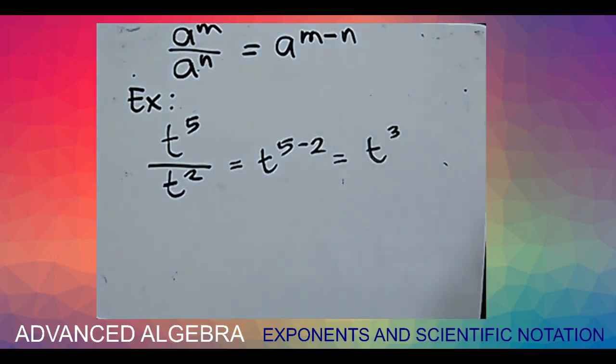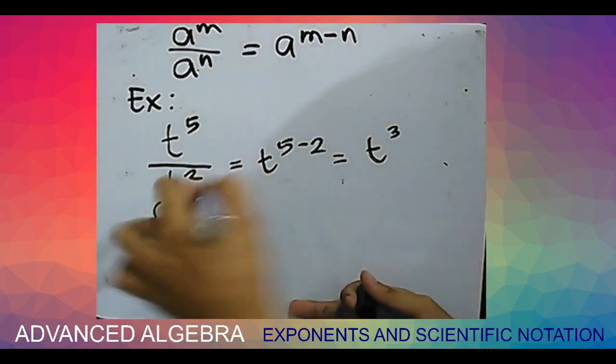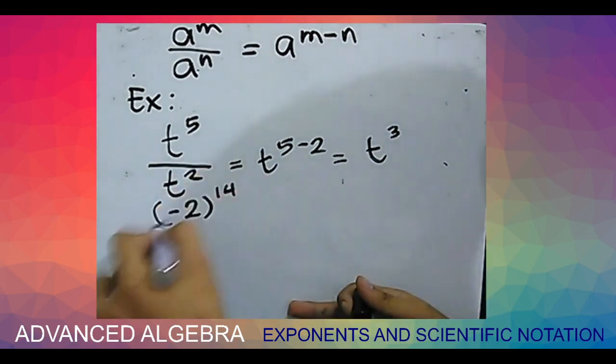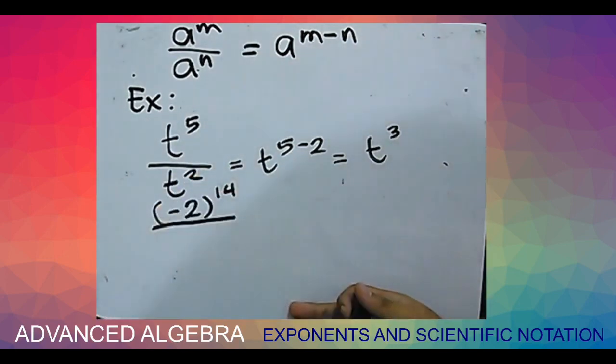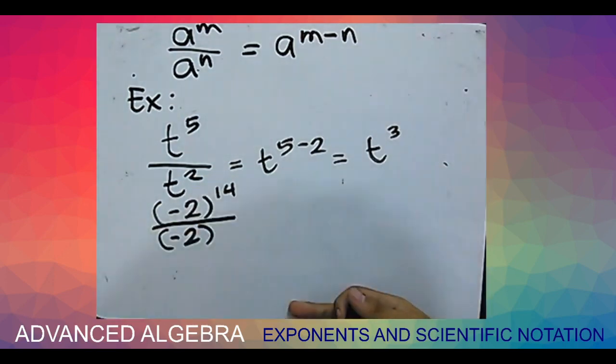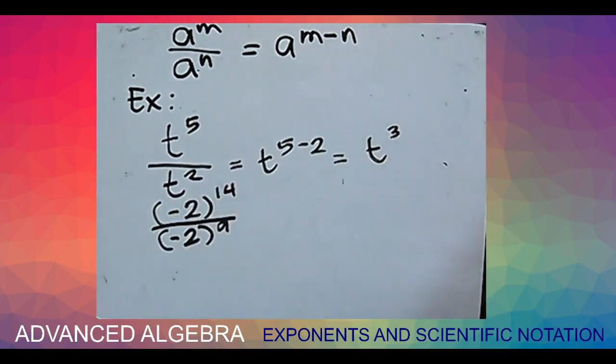Okay, next. Magbigay tayo ng another example. Negative 2 to the 14 power divided by negative 2 to the 9 power. Negative 2 to the 14 power over negative 2 to the 9 power.